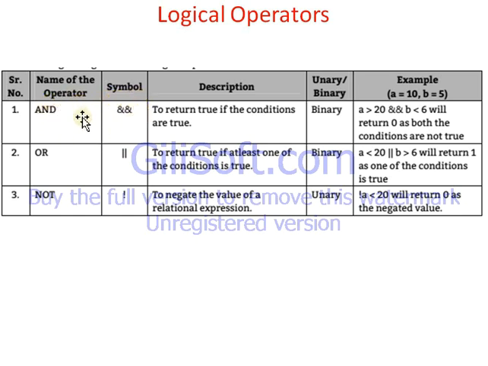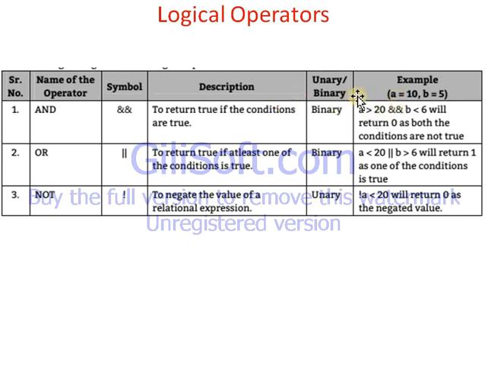First we will see the and operator in logical operators. The logical and returns true if the conditions are true. It means logical operators are used to combine the result of more than one expression.